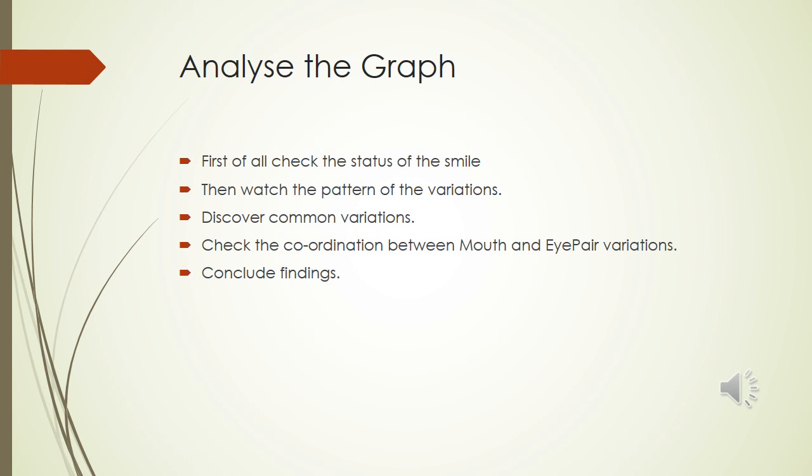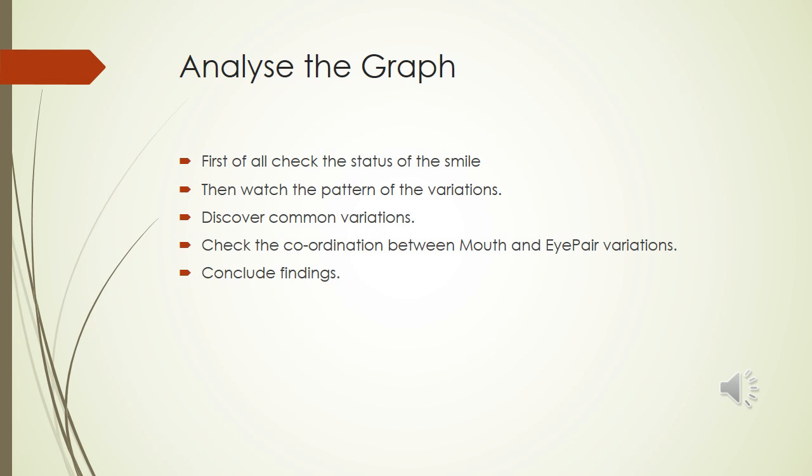But to analyze a graph, there is a formula that I have proposed. First of all, check the status of the smile, whether it is fake or true. Then watch the patterns of the variations, as we did in the last slide. Discover common variations: compare what is common behavior in all fake smiles and what is common behavior in all genuine smiles.